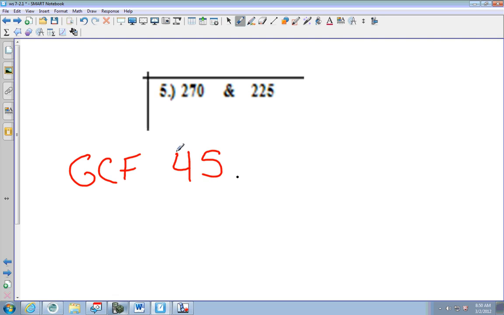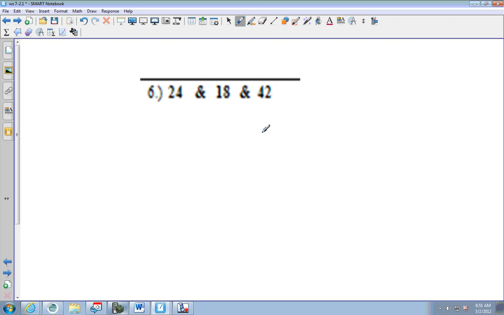Now, what do you notice on the next one, though? There are 3 numbers, and you cannot put all 3 numbers in the calculator. It only works for 2 of them at a time.